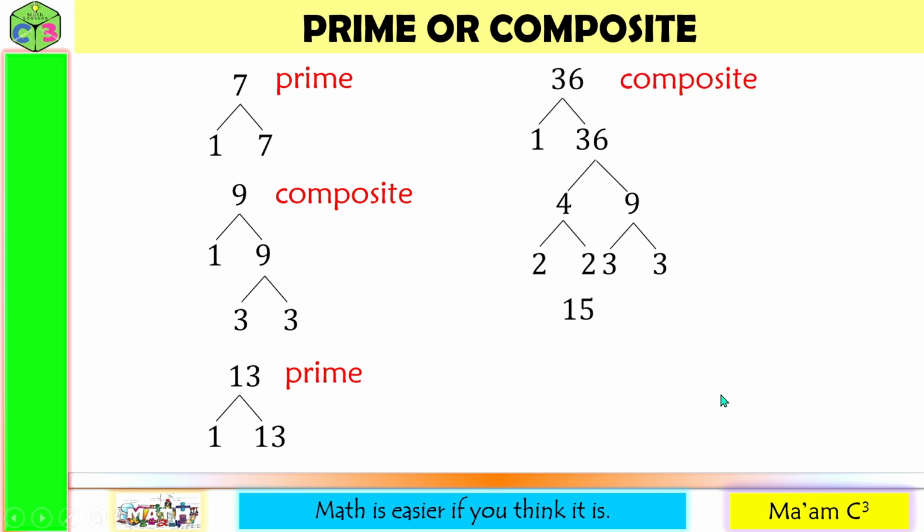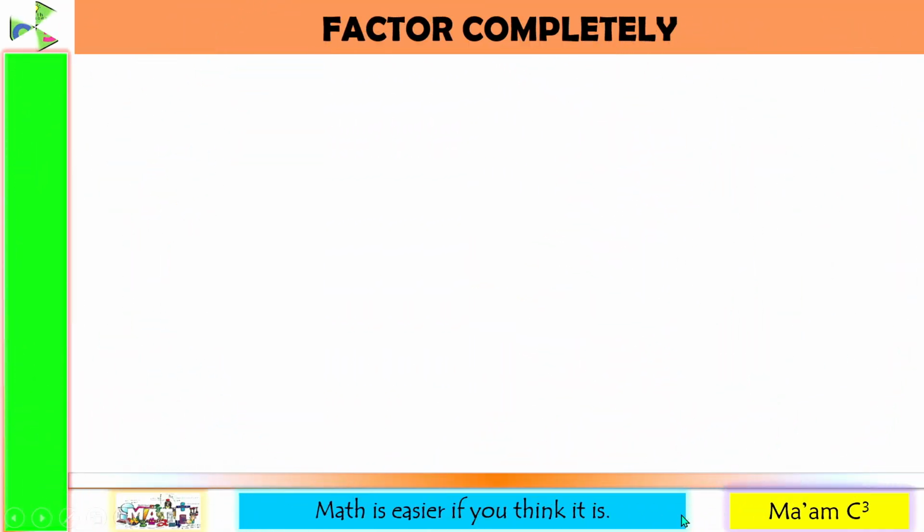Let's have the last one, 15. It is a product of 1 and 15. 15 here can be expressed as a product of 3 and 5. There are other factors except 1 and itself, therefore 15 is composite. Let's have another activity, this time factor completely.